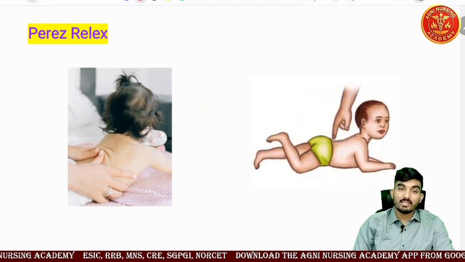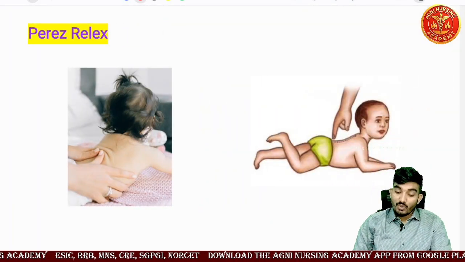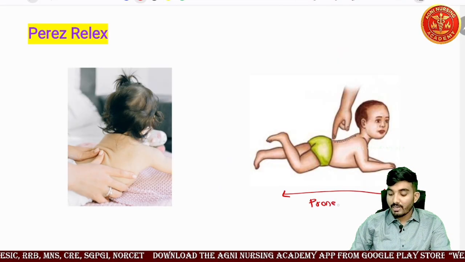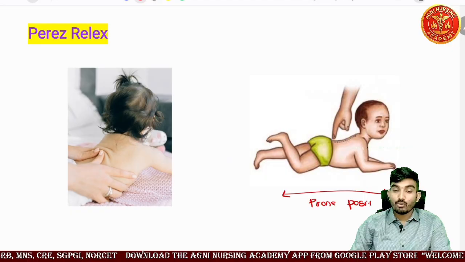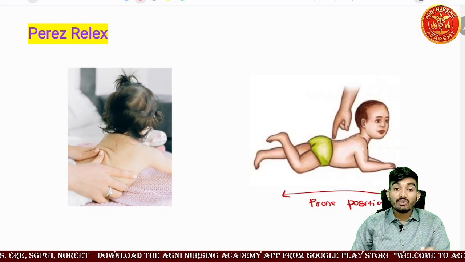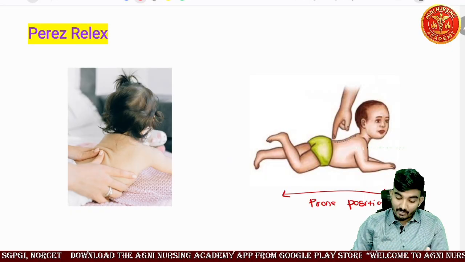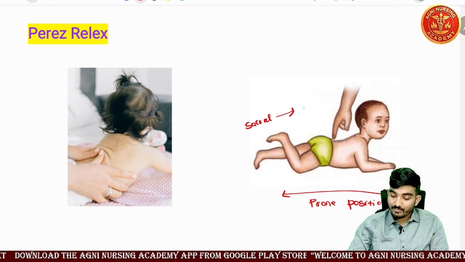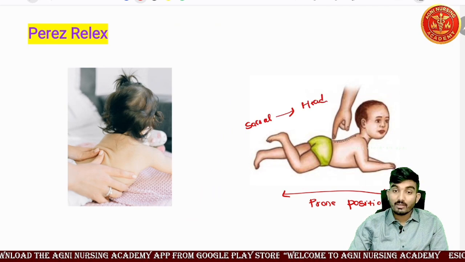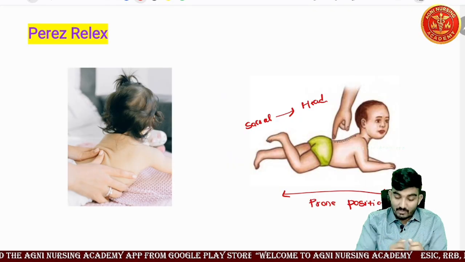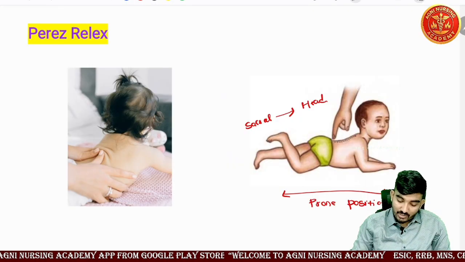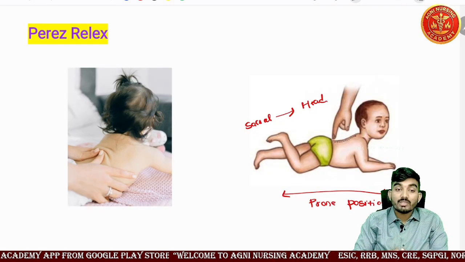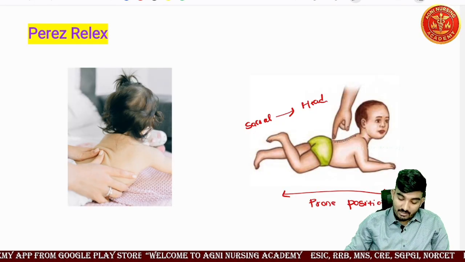Perez reflex means we place the child in prone position and give a stimulus from the sacrum to the head by thumb compression. See here, thumb compression is being done, starting from the sacrum.